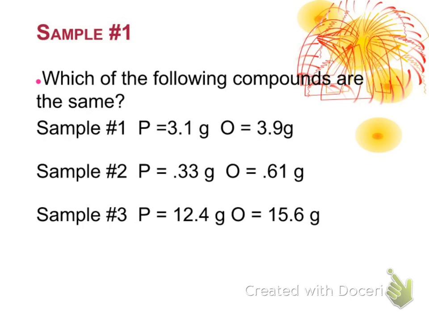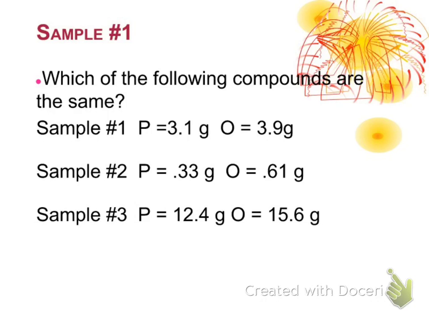And we got to this one, right? We did this in class. Okay, so we said 1 and 3 would be the same sample. And the reason why it's the same sample is because we would take 3.9 divided by 3.1. And when we did that, we got an answer of 1.25.